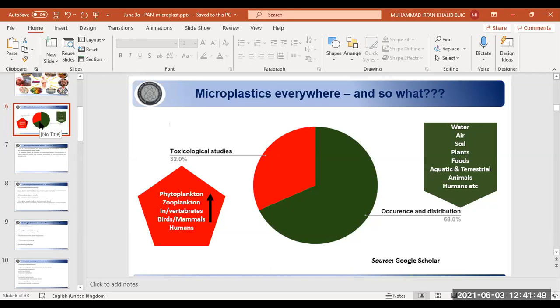But we just have to figure out how to go about this if we truly want to understand the effects of microplastics on our health and on the environment. So I want to believe that the more studies we conduct, the more light we get about the behavior of these materials.